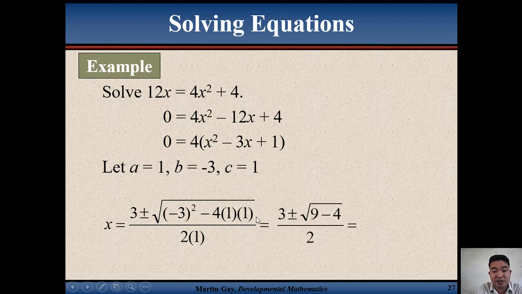Then simplifying further, you have 3 plus or minus the square root of 9 minus 4, because negative 3 squared is 9, and 4 times 1 is 4, all over 2. So you will have 3 plus or minus the square root of 5, all over 2. So these are the solutions of the quadratic equation.